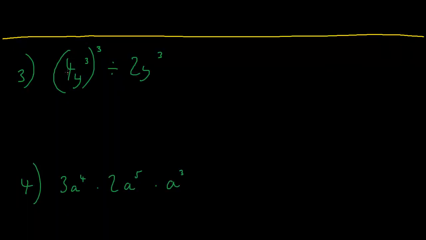Okay, so how do we simplify expression number 3? Well, you should know that a multiplied by b to the power of n equals a to the power of n multiplied by b to the power of n.